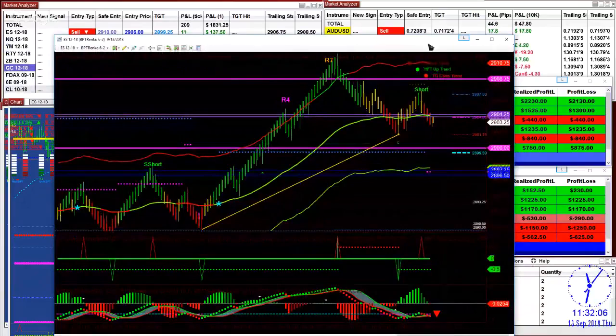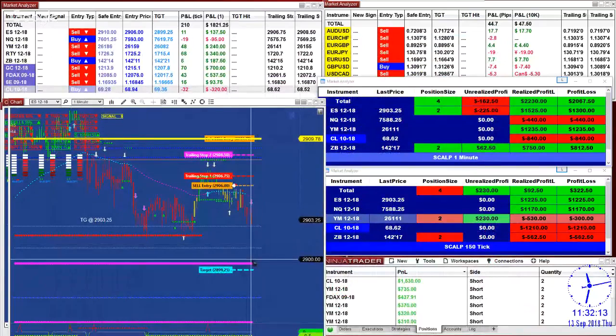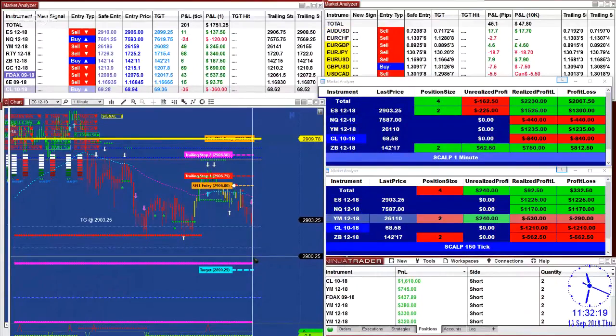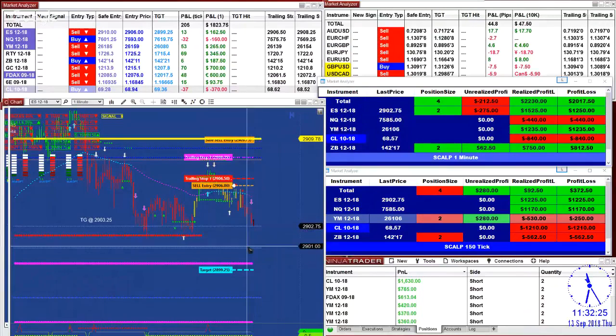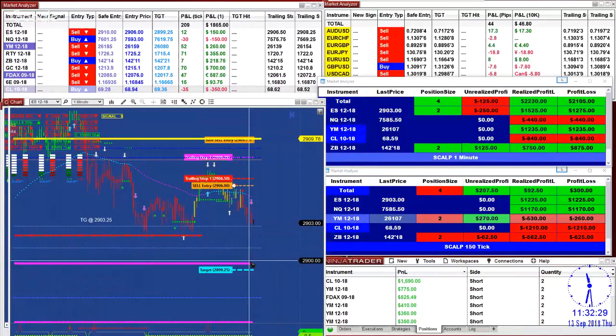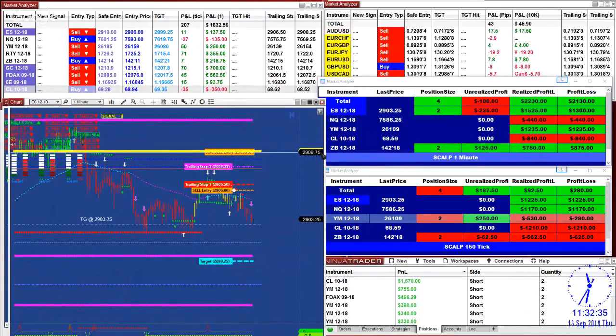This is where, exactly right there. The market is totally stopped.